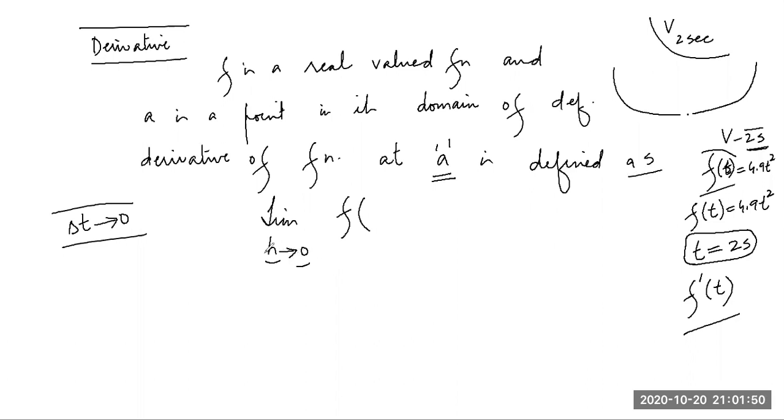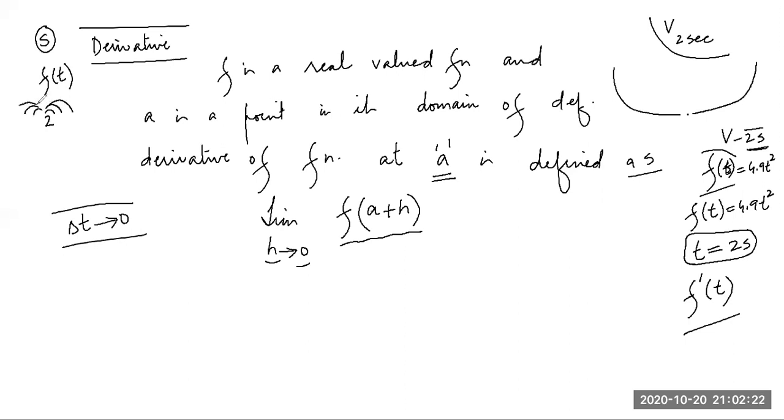Derivative of function at a is defined as limit h approaches 0, where h is some number, h delta t approaches 0, of f of a plus h. Students, what is this? We were trying to find out f of t, the distance at a little more than 2, and a little less than 2.